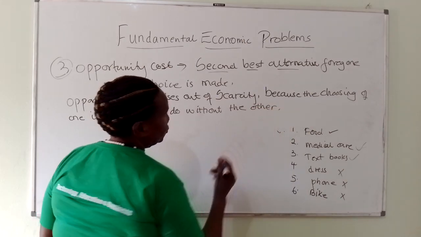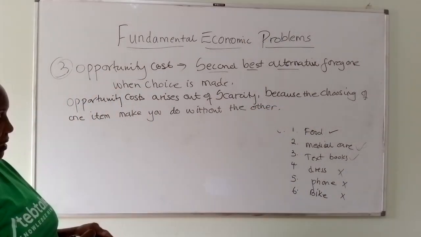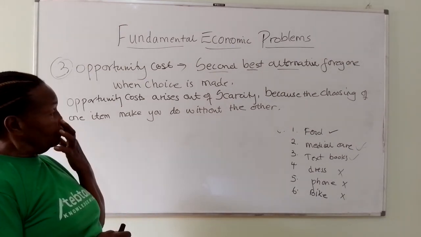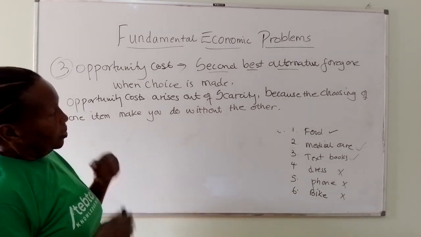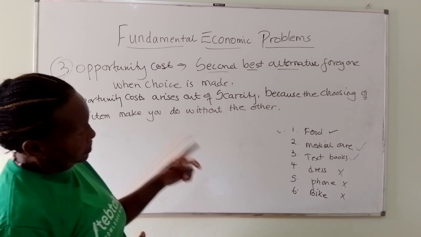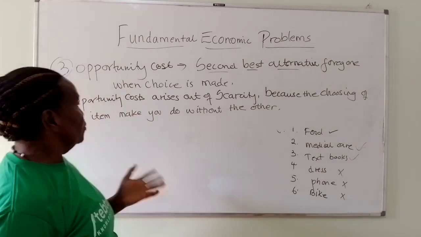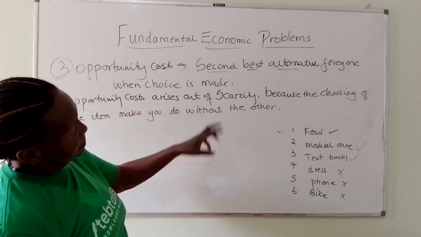So that's where the cost is, the pain, that missing out of a good. You feel that you are missing out on that good. You are actually feeling a pain. You have wanted your phone, but the money is not there. So opportunity cost arises out of scarcity.